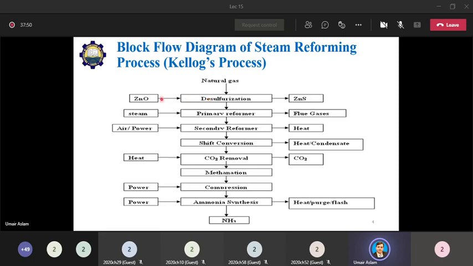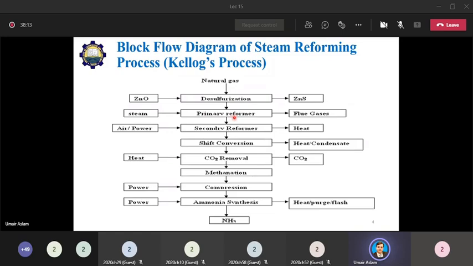We basically use two steps here, hydrogenation and absorption, and as a result the natural gas desulfurization takes place and sulfur is removed from the natural gas. Then the desulfurized natural gas is sent into a primary reformer.